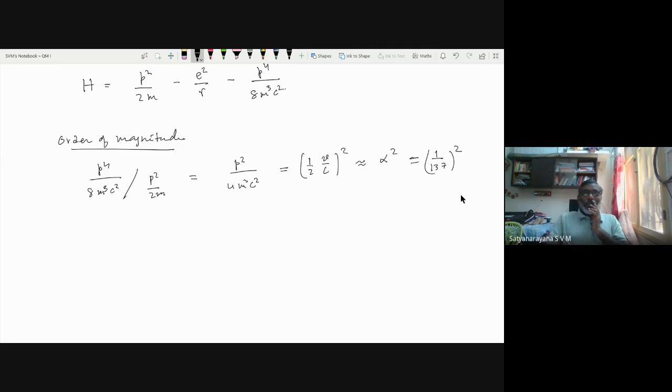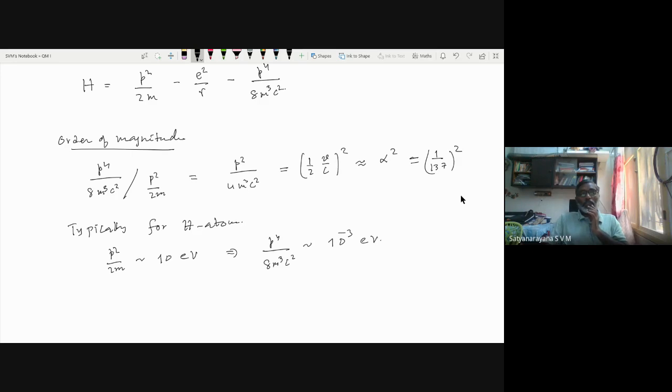Typically for hydrogen atom, this p square by 2m is of the order of 10 electron volt. That implies this term, p to the 4 by 8 m cube c square, will be of the order of 10 to the minus 3 electron volts.